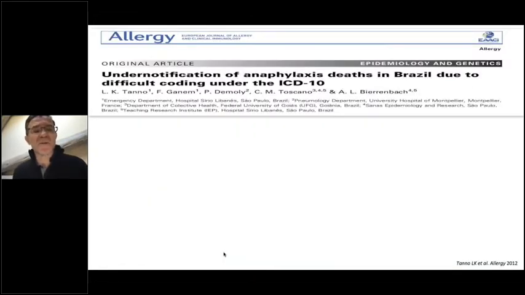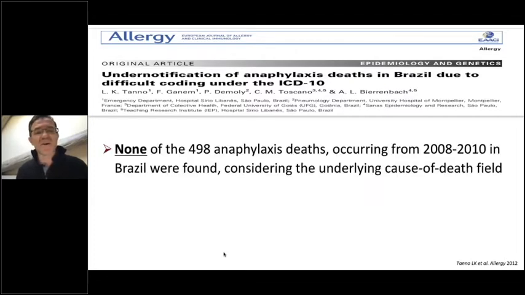So together with Luciana, who approached me some years ago, she had the chance to have access to the death certificates in her country, Brazil. And she could have a close look at more than 3 million death certificates, and she found almost 500 anaphylaxis deaths, which were not coded properly by the system.